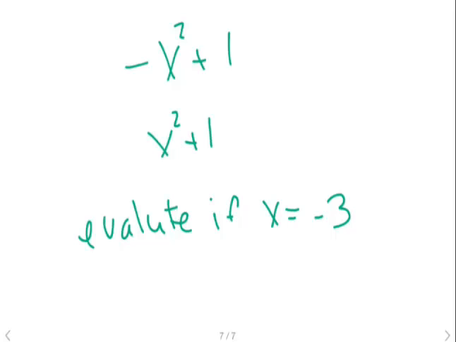Okay? So evaluate if x equals negative 3. So what you're going to do is you're going to put in negative 3 for x, but you've got to be careful because this is when that bracket thing is going to be important.